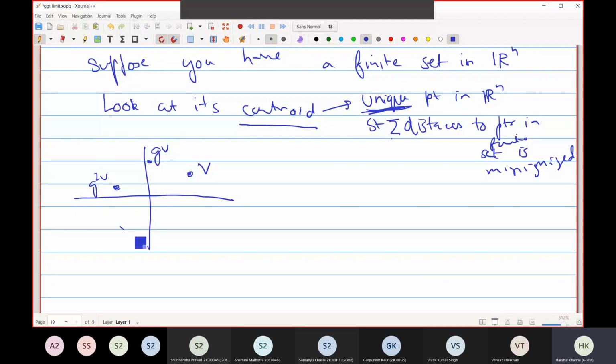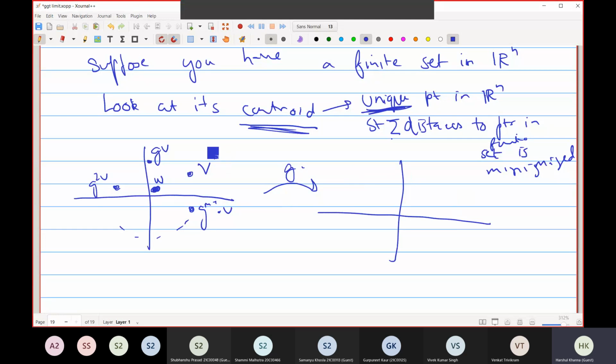This was your R2, this was v, gv, g squared v. And here, in R2, this is the centroid of this finite set. But applying g to this whole diagram, that's what we did. This finite set was O, we applied g to O.